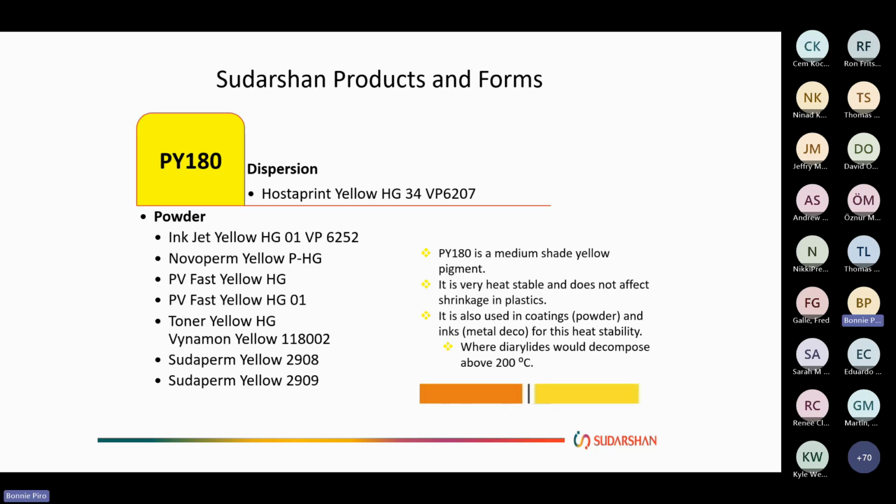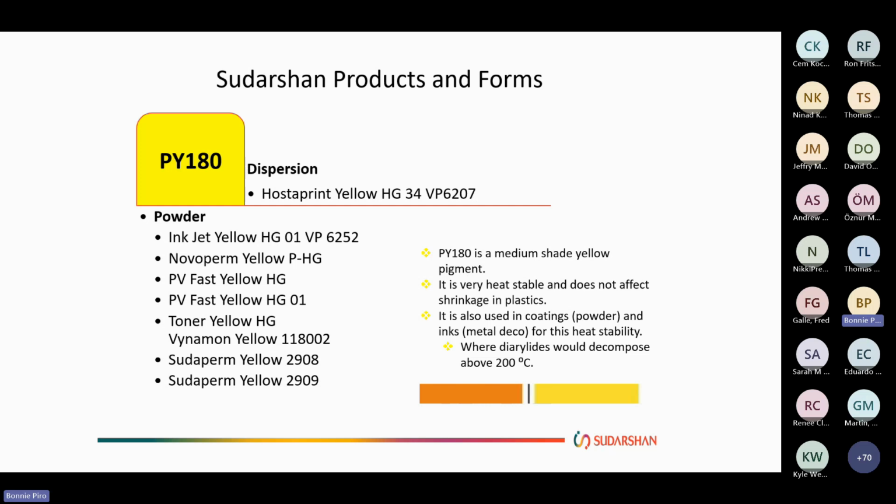Next up is the Pigment Yellow 180. And this is something where we're now starting to move a little bit more red in the yellow space. So more of a medium shade yellow. This is a very good high heat stable pigment. Very useful in plastics. It also doesn't impact shrinkage with respect to plastics.